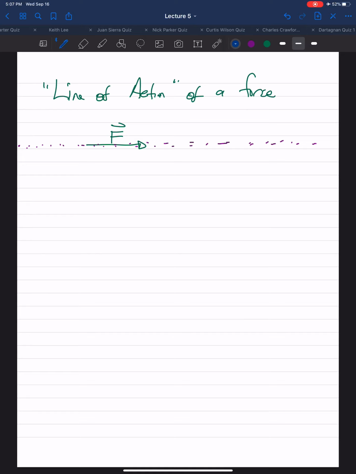So one more thing, our moment is a vector quantity, both magnitude and direction.